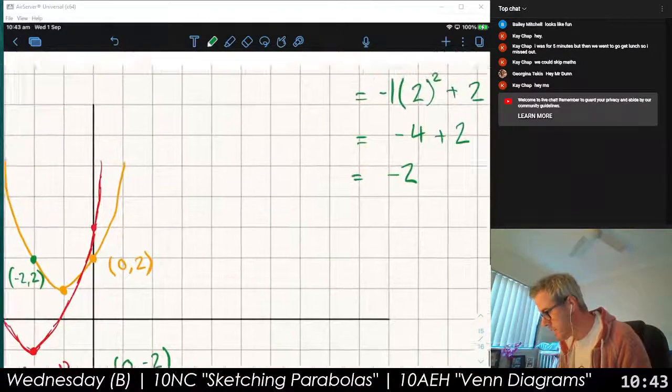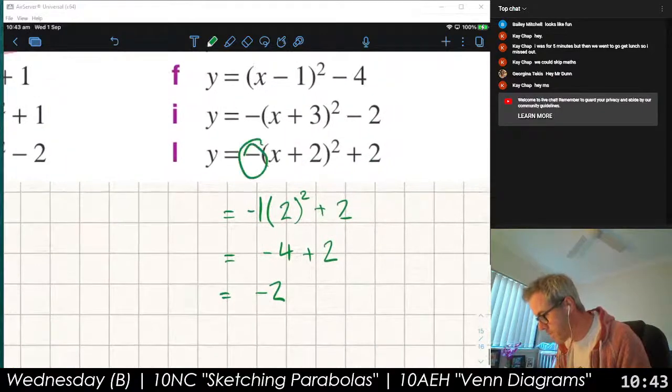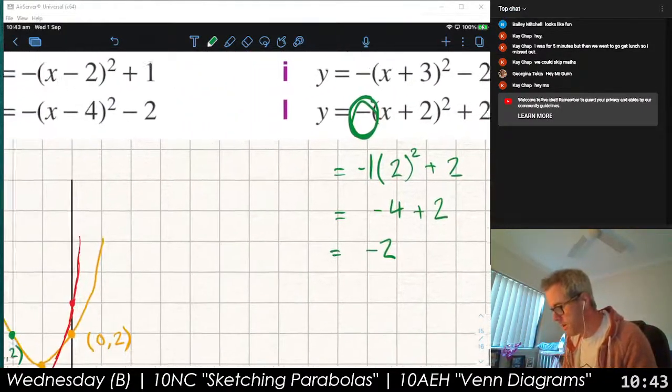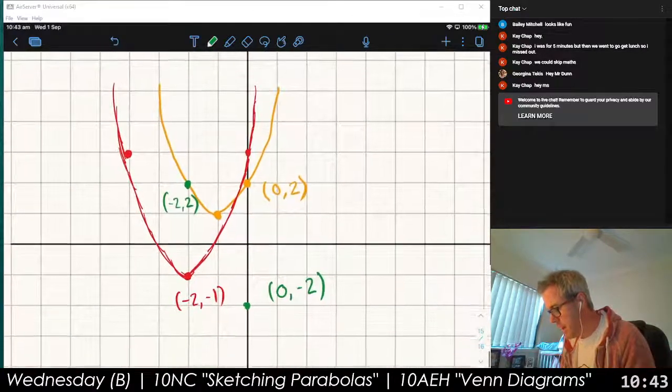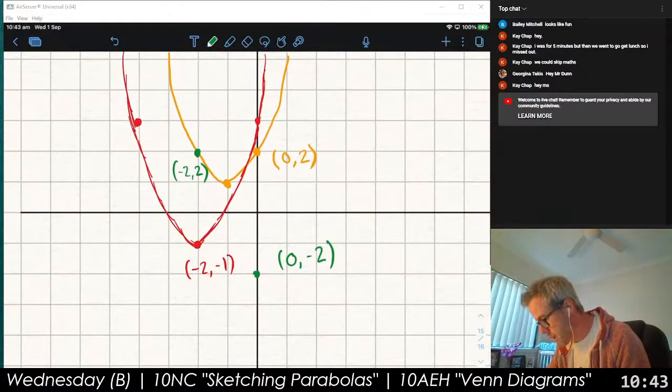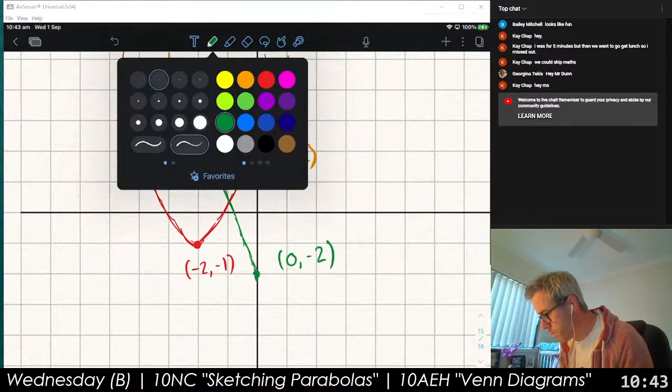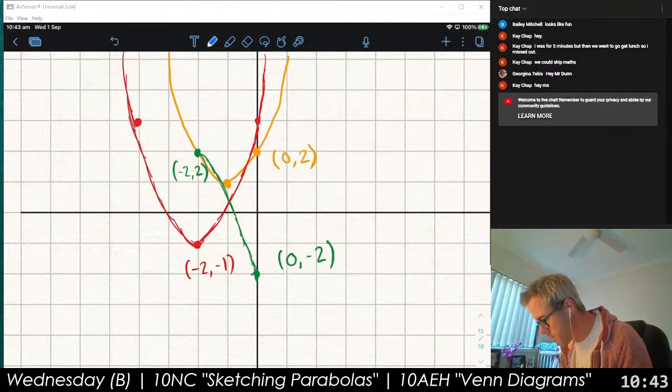Because I've said all along, whenever you see a negative at the front, it's going to be a downward facing parabola, like so. So we can go ahead and sketch our parabola like that. And again, we can use the same property as before.